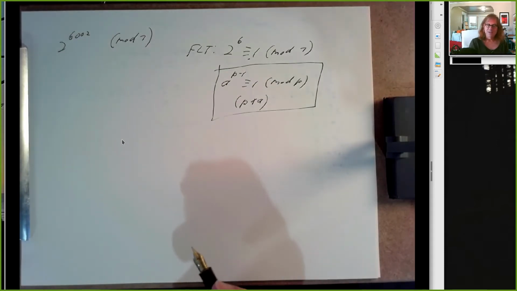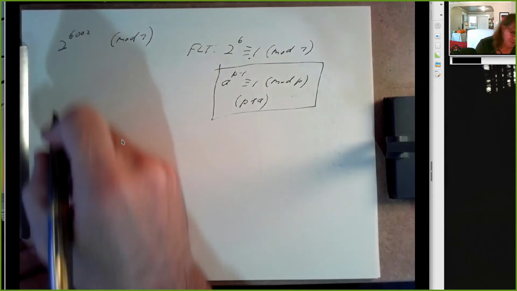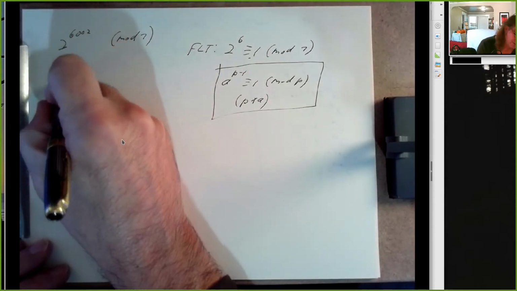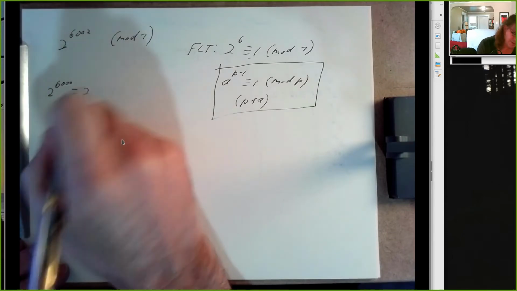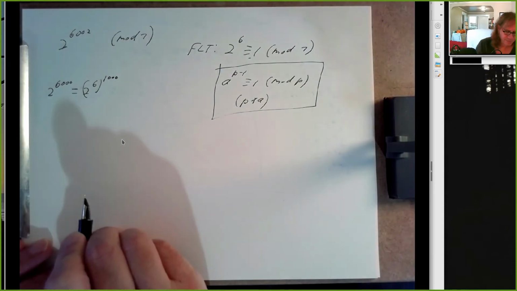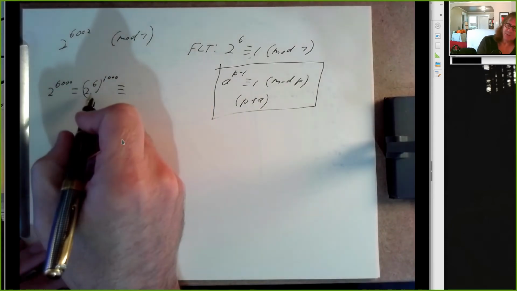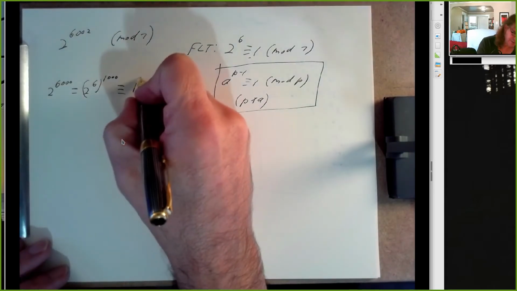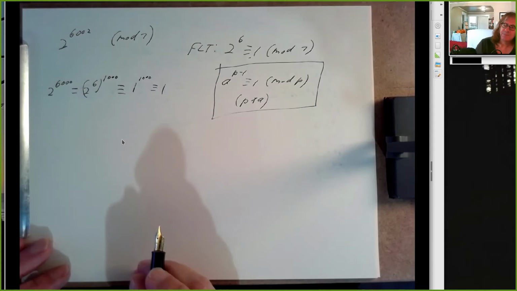But 1's a nice number because we can raise 1 to any value and it's always going to be equal to 1. So we can leapfrog over a bunch of exponents and say 2 to the 6,000th equals 2 to the 6th raised to the 1,000th. That's law of exponents. And that's congruent to whatever 2 to the 6th is, raised to the 1,000th, which is just 1.